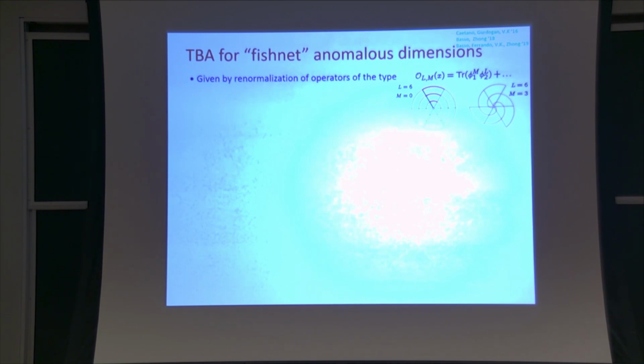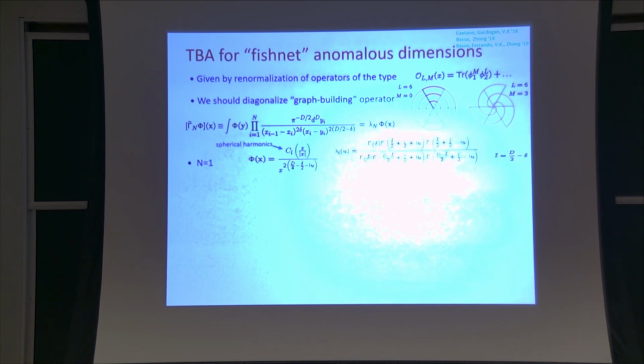Then raising it to the power of the length of this wheel and tracing it, you get the answer. You have to take this particular operator in the space of coordinates, with d-dimensional coordinates at each point. This is what we call the graph building operator. You have to diagonalize it in order to find the trace at any L.